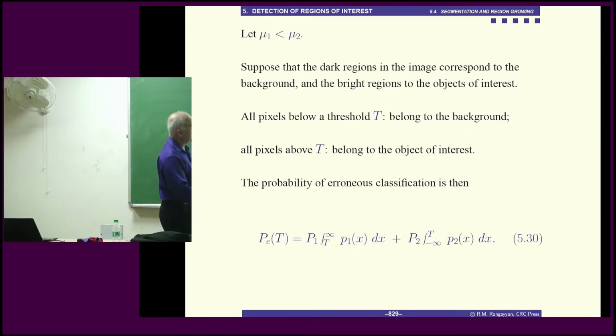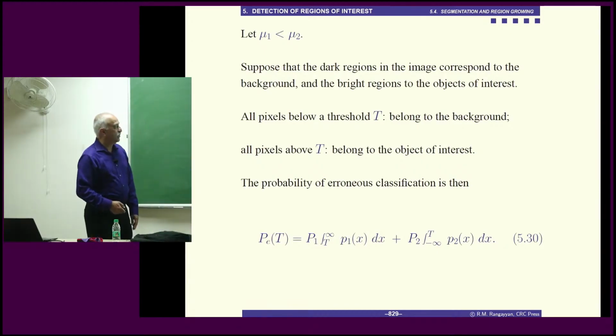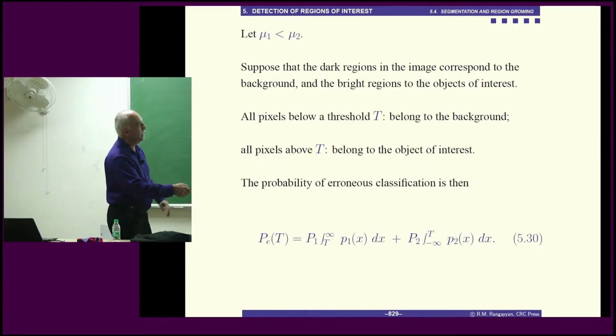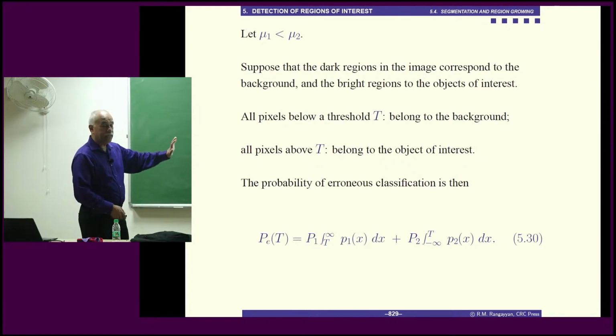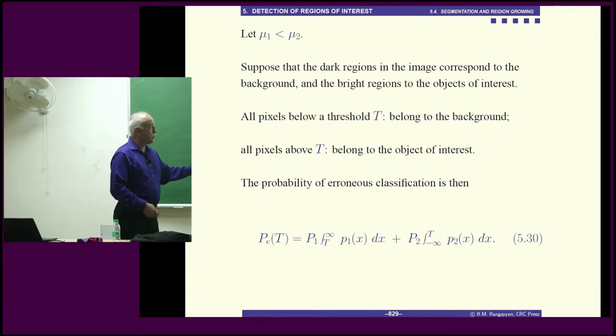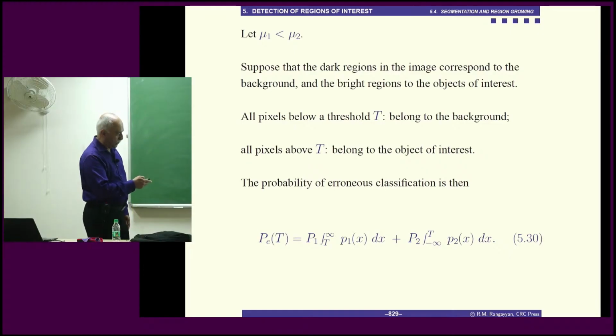And this is the error, minus infinity to T of P2(x), the other one. That's the error of calling that your object. So the threshold that you put there divides the histogram of the image into two parts, but there is an error because the two PDFs overlap.